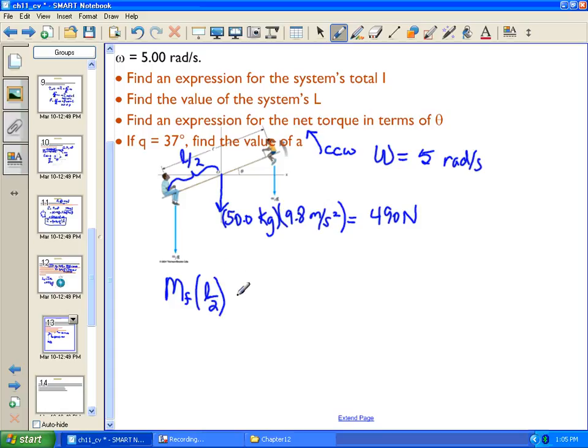Then we're going to take the daughter, which is Mr squared, right? So here we're trying to find the total moment of inertia of the system.